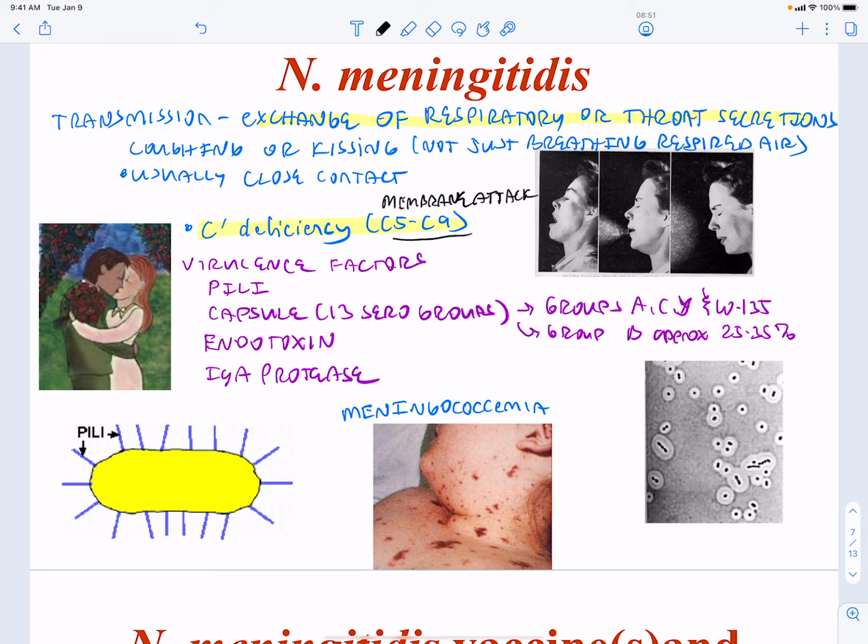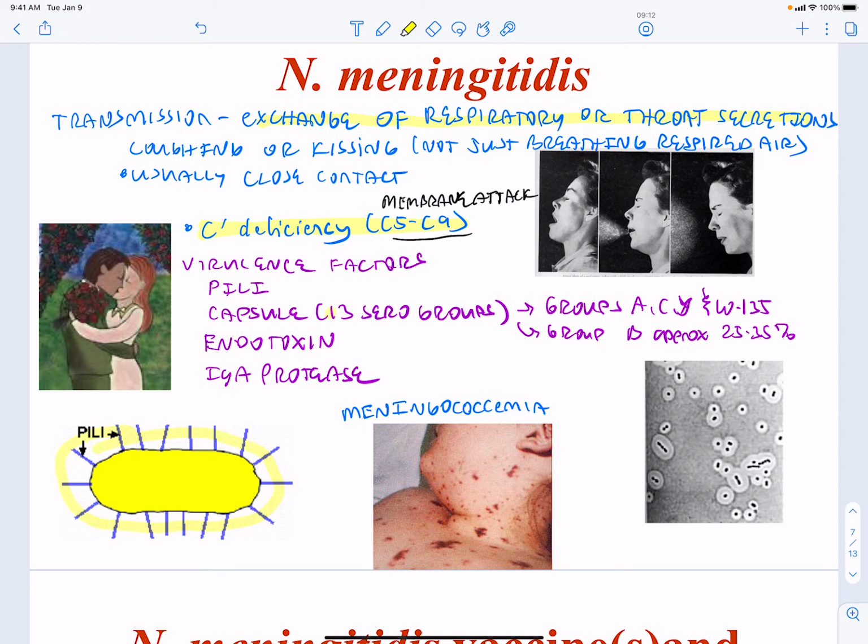And this is that C5 to C9, complement coated C5 to C9, which punches holes in bacteria. And so if you have a complement deficiency, then recurrent Neisseria meningitidis infections occur, and typically that will present early in life. They have virulence factors, so they have pilus, which can help to adhere.